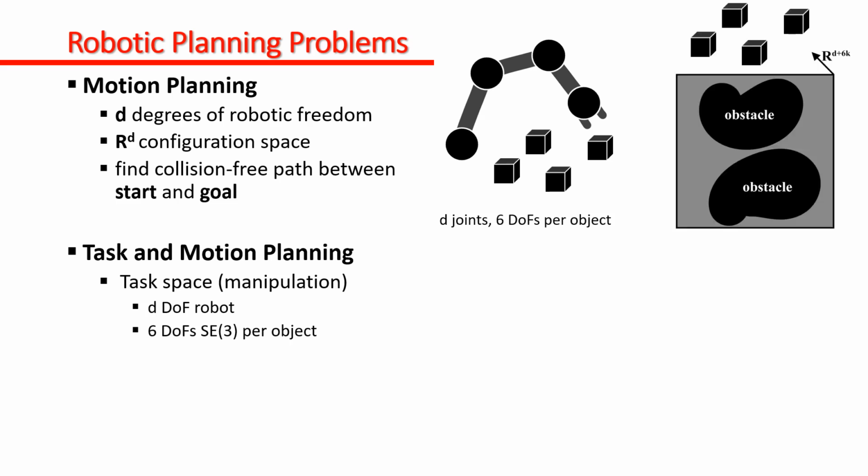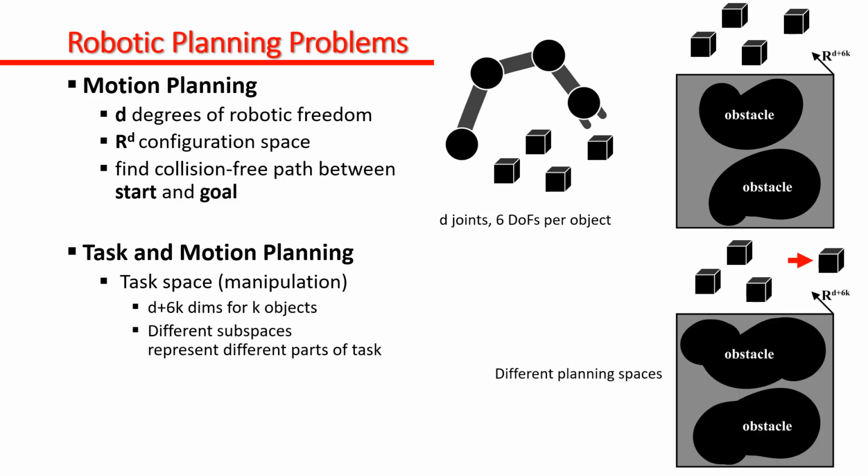Now, this space is going to have a certain subset that would be valid and a certain subset that would be invalid or an obstacle. But this is going to keep changing if the poses of the object keep changing. As you can see with the red arrow, once the object has been moved, the obstacles look different. So it becomes a different planning space, right?